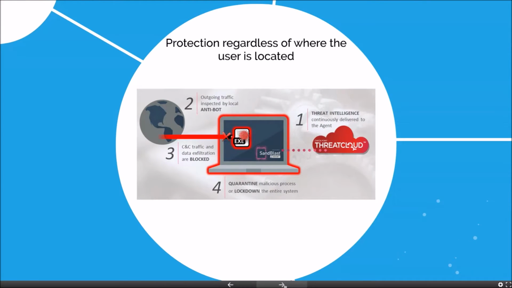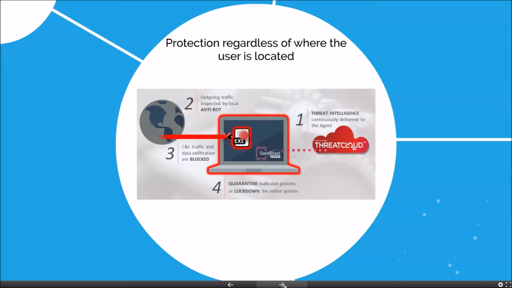So regardless of where the user is located, be it within the corporate environment, traveling, or outside your corporate environment, they're always going to be protected. As well, we're going to be inspecting files regardless of the mechanism in which they make their way onto the endpoint. When they're sitting behind your corporate environment, you may already be scanning files coming through a network file share, through a web download, through email.